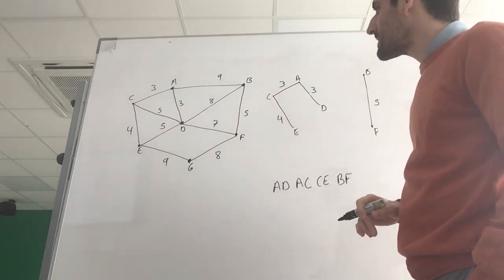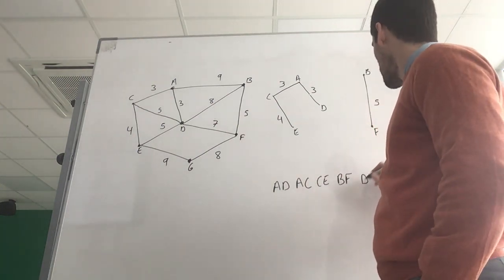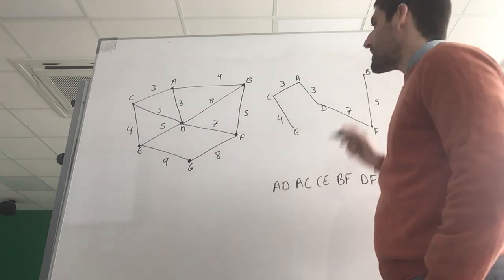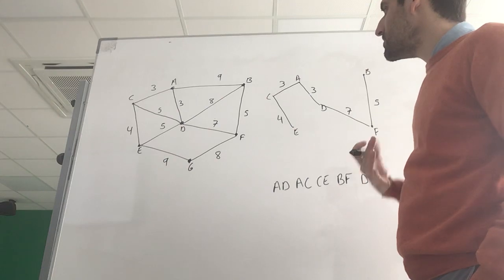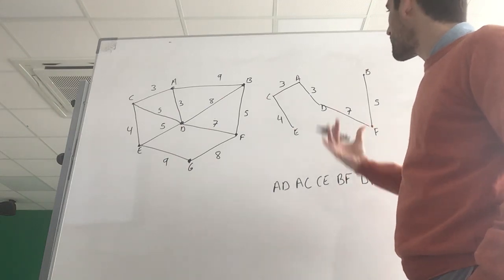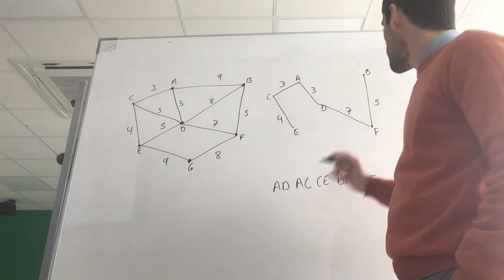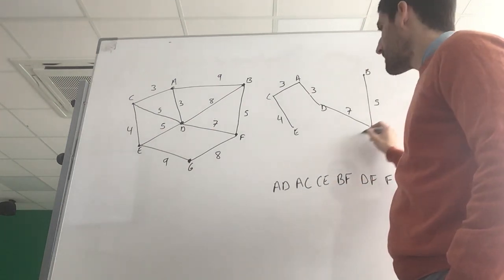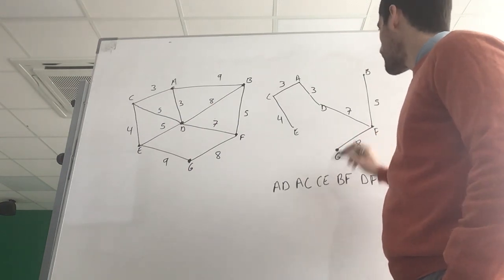So next, it's going to be DF for 7, and then it's only point G left to connect to my minimum spanning tree, and the shortest way to do that is from F to G for a weight of 8.